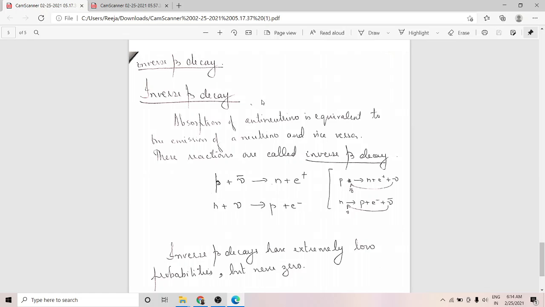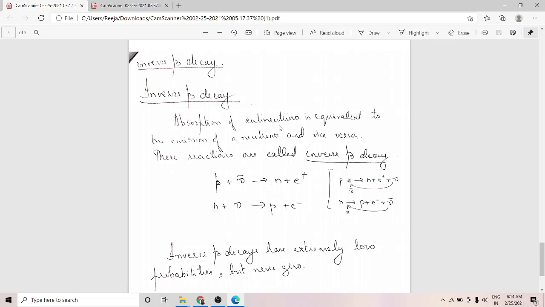Interaction with matter means it either gets absorbed or it gets scattered or some kind of transformation or process should take place. So here in inverse beta decay, this is the equation that takes place. This is how the neutrino or antineutrino interacts with matter. That is, absorption of antineutrino is equivalent to the emission of neutrino and vice versa.